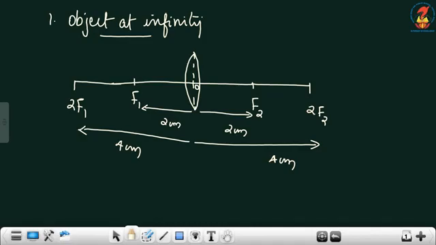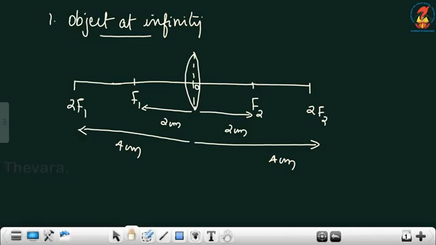From F1 to 2F1, again 2 centimeter. So the total distance from optic center to 2F1 is 4 centimeter. In the same way on this side also, from optic center to F2, 2 centimeter. From F2 to 2F2, 2 centimeter. So the total distance from optic center to 2F2 is 4 centimeter.